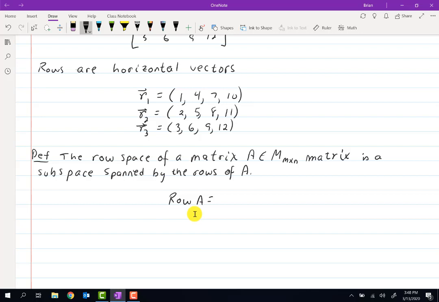And in our example from above, row A is simply the span of those vectors.